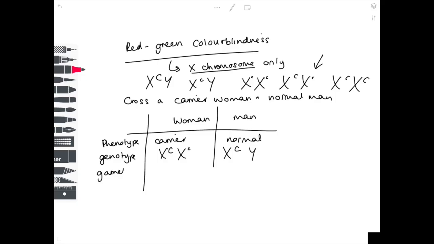So the gametes. The woman's eggs will either be big C or small c, and the man's sperm will either be big C or just a Y, which will obviously code for a male sperm. So now let's do the cross.